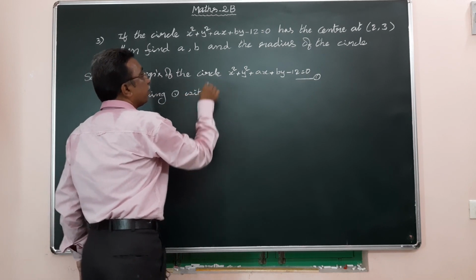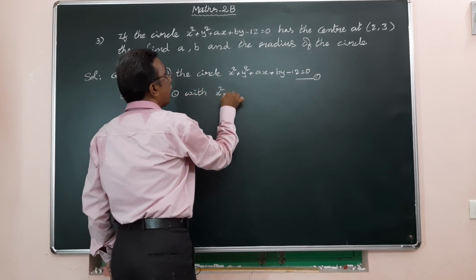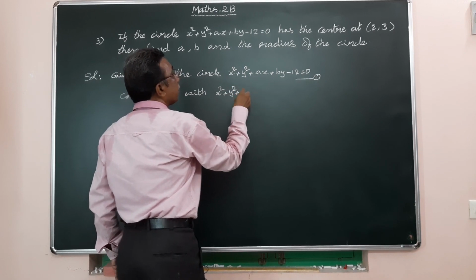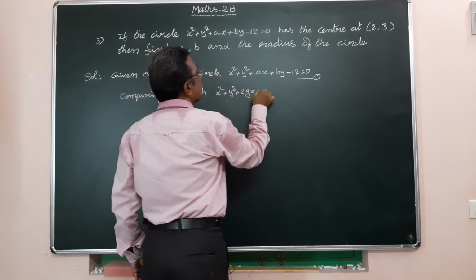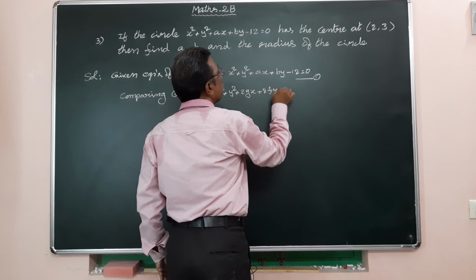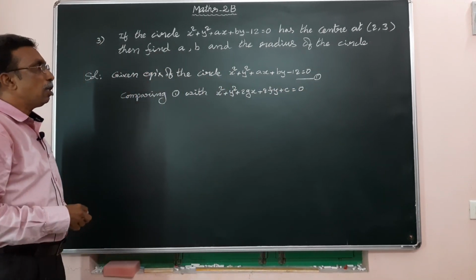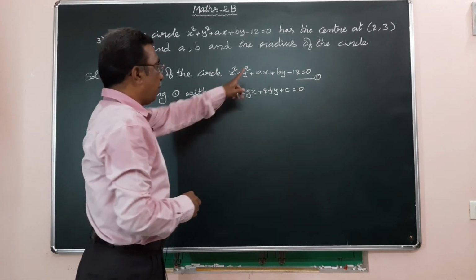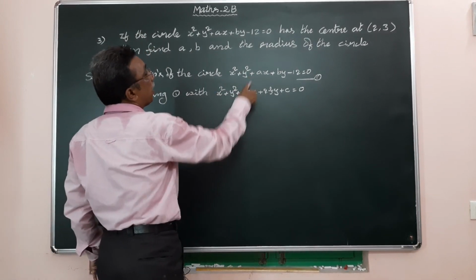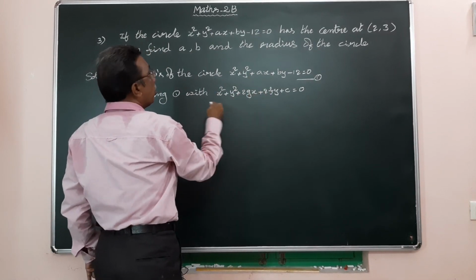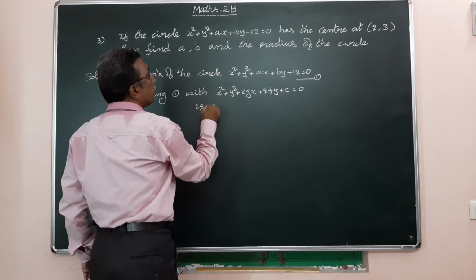Comparing 1 with x square plus y square plus 2gx plus 2fy plus c equal to 0. Comparing x coefficients, 2g equal to a.